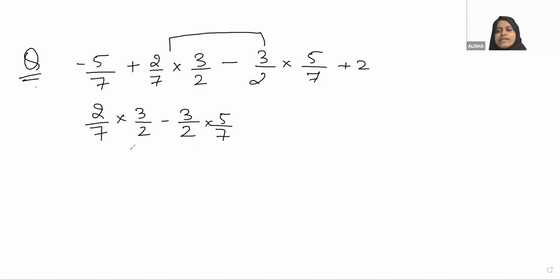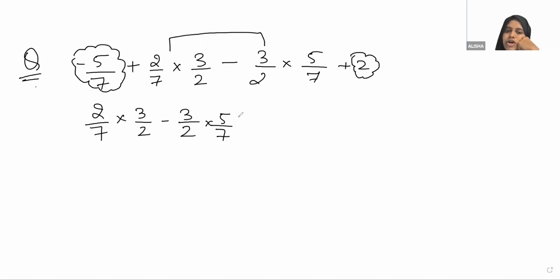Why am I writing this expression first? So that I can take 3 by 2 common from it, right? What is left now? Done with 2 by 7, done with 3 by 2, minus 3 by 2 is written, 5 by 7 is written. What is left? Minus 5 by 7 and 2 is left, right?